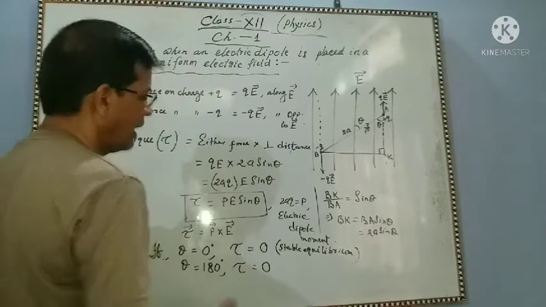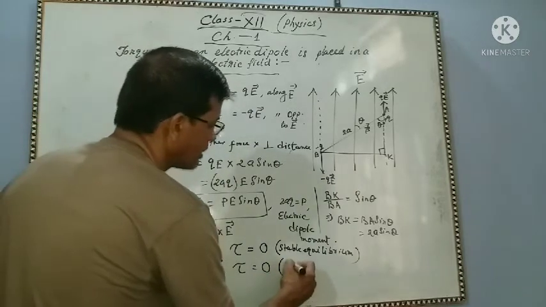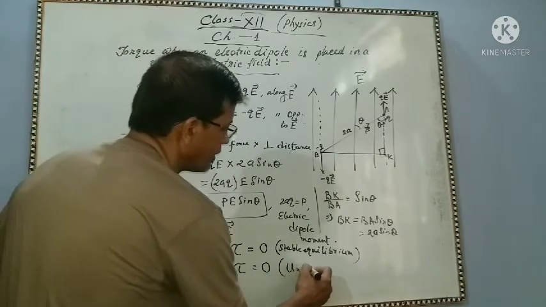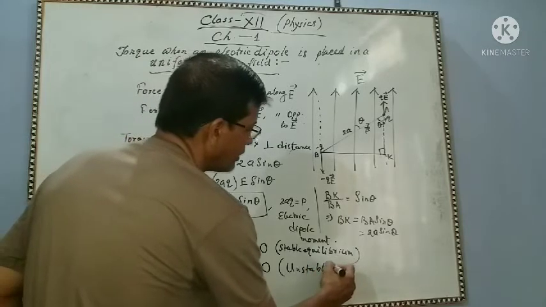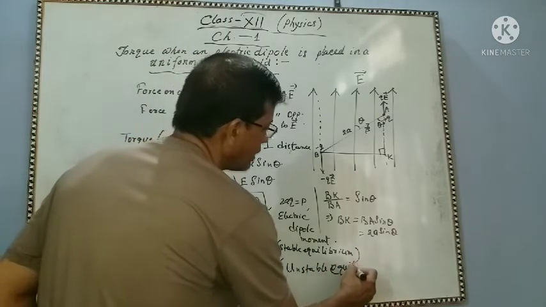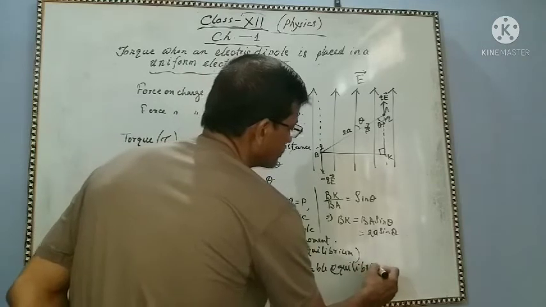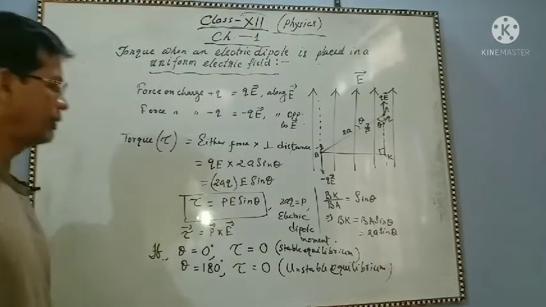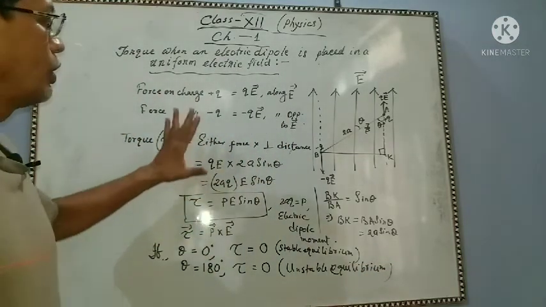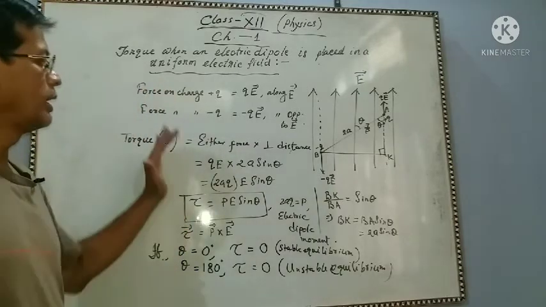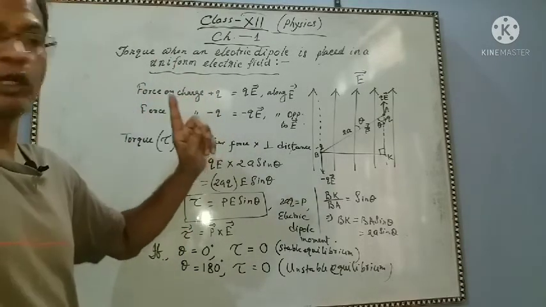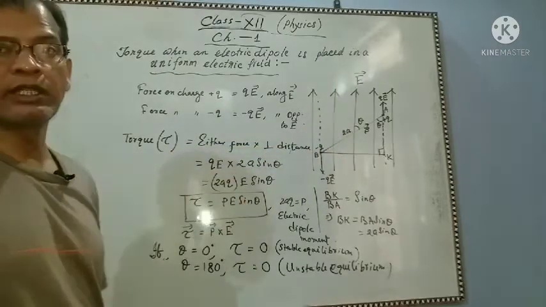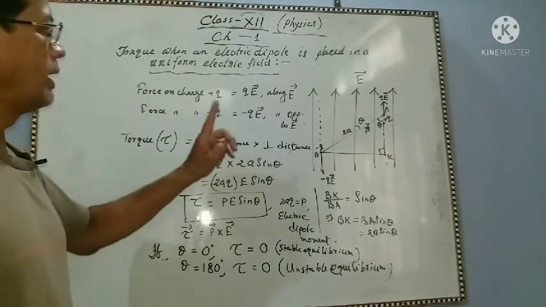And when theta is 180 degree, this is unstable equilibrium.